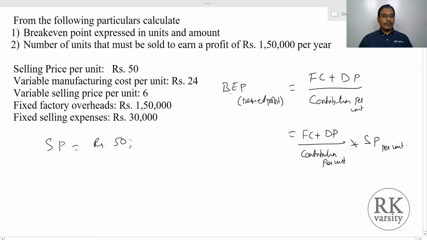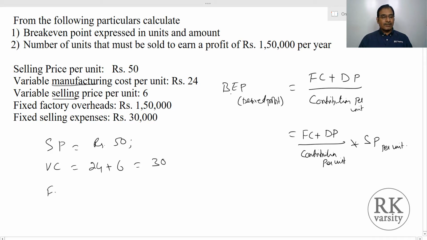For variable cost, you have two components: the manufacturing cost and the selling cost. So total variable cost equals manufacturing cost per unit, rupees 24, plus selling cost per unit, that is 6. So this equals rupees 30 as your variable cost.